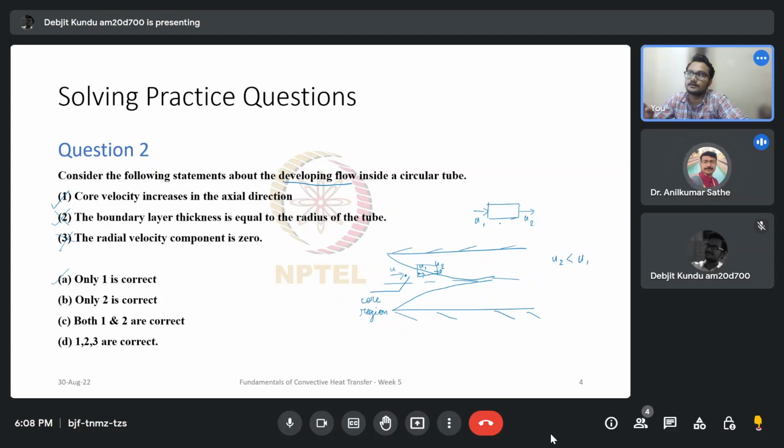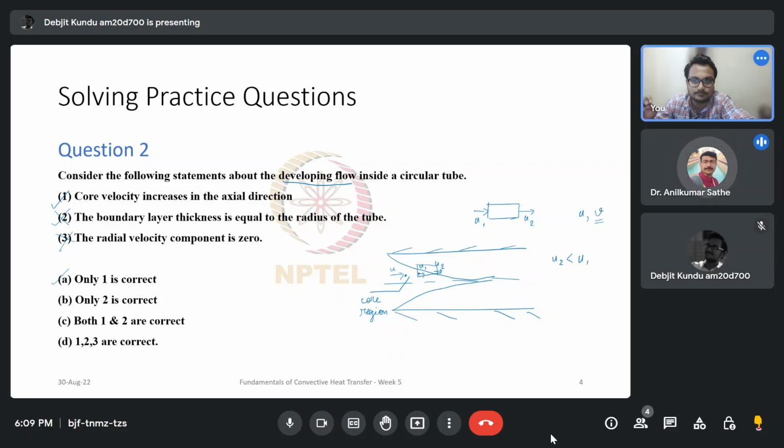Debjit sir, sorry to disturb you. Actually, when we are talking about u, it is the velocity in axial direction. Correct. U is the axial component, and there has to be a v in the radial component. So this v should not be zero. That's what I'm trying to argue now. Yes, what's your question? What I learned today, I have seen the videos.